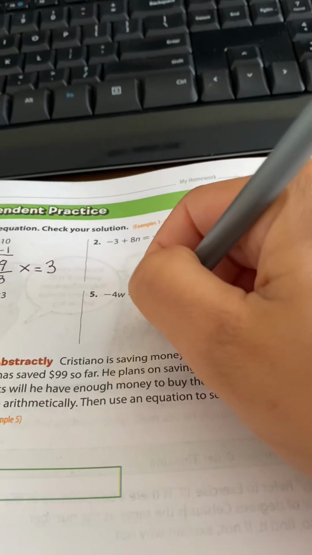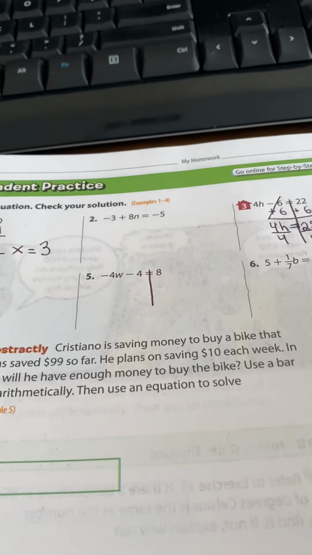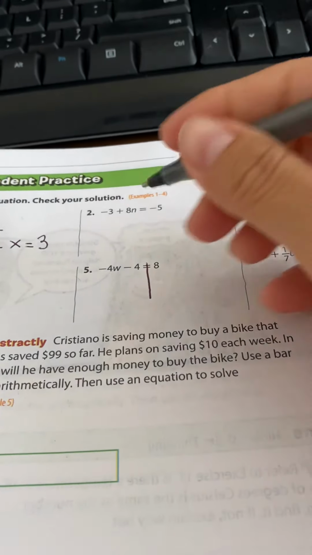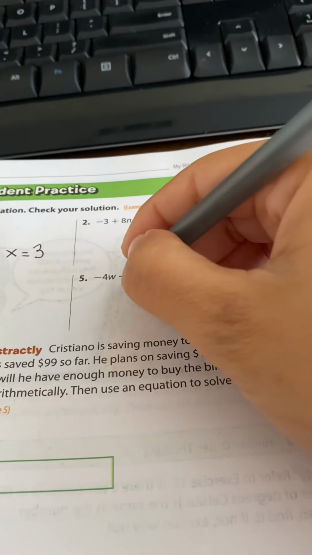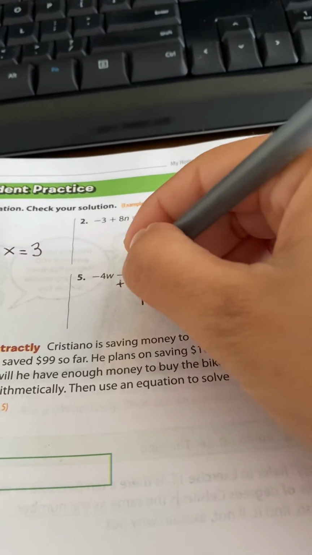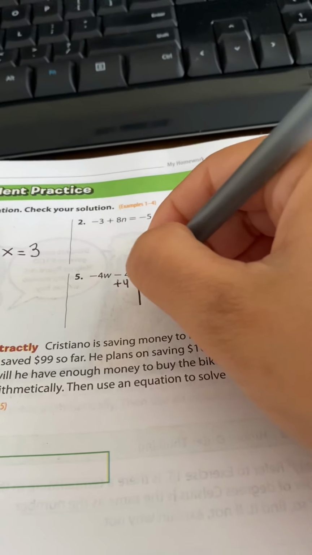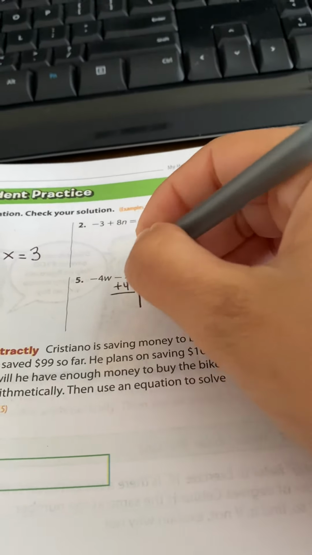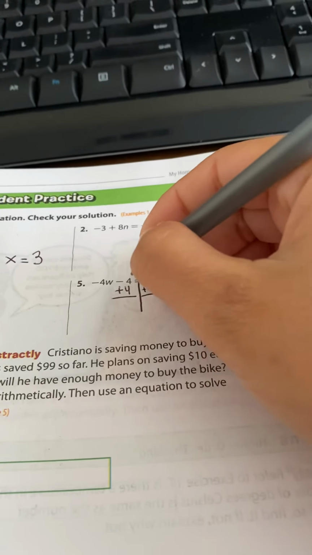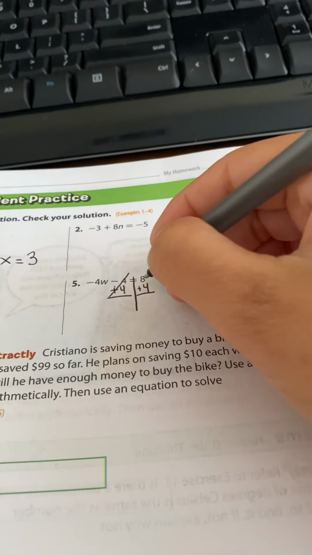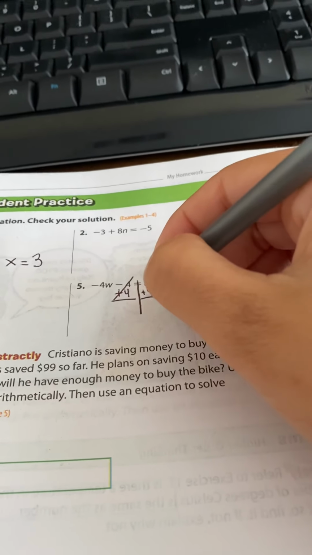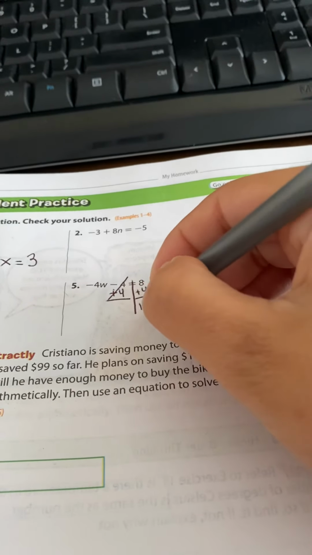So I'm gonna go ahead and draw a line down the middle of the equal sign. So we're gonna go ahead and add 4 to both sides because it's the inverse operation, the opposite of operation. So 8 plus 4 is 12.